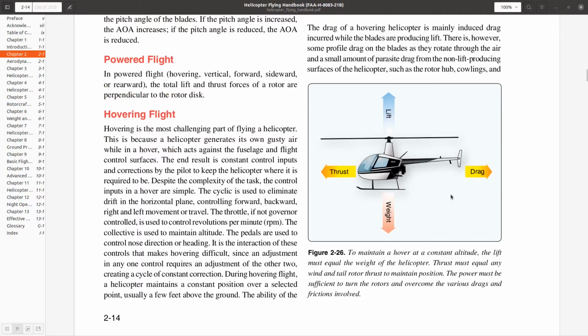These four forces of flight are equalizing each other. So the thrust equals the drag, and the lift equals the weight. And you have to have enough power to overcome all of the drag in everything. You've got a couple of rotors spinning, there's transmissions, and all of that.